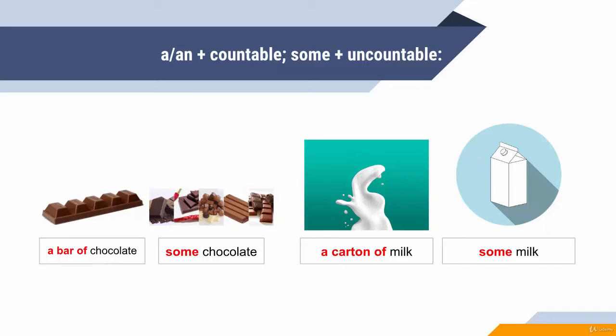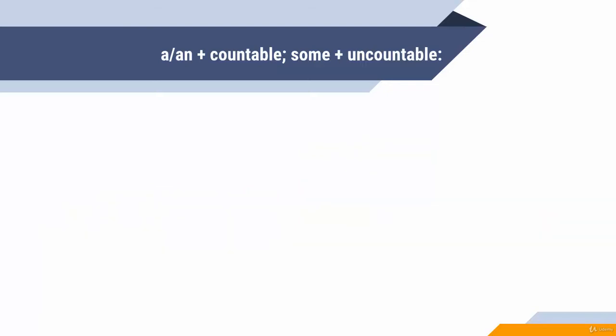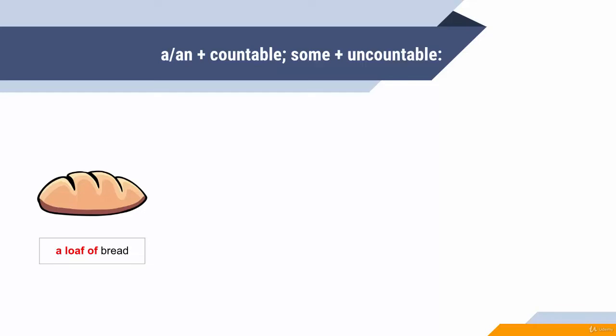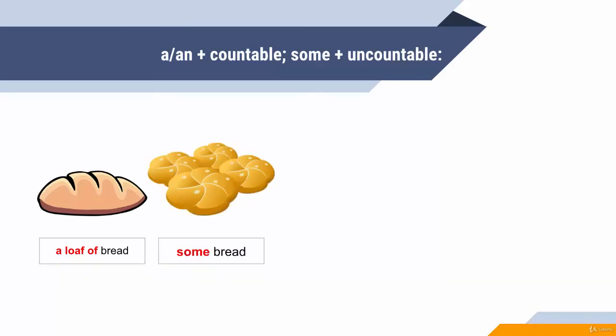So, a bar of chocolate, some chocolate. A carton of milk, some milk. A loaf of bread and some bread. In English, bread is also uncountable. You can't say go to the shop and buy a bread.